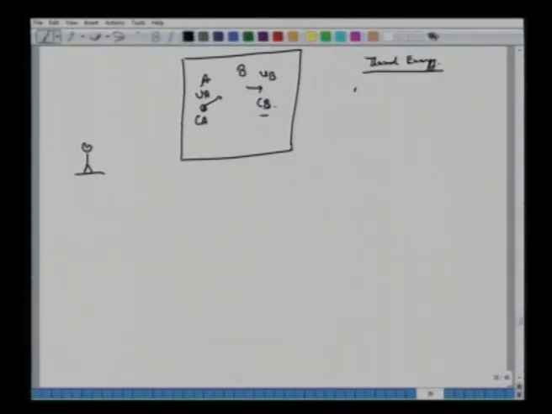In addition to this random motion, it's also possible that there is a pressure difference, and as a consequence this molecule can also move in some direction. So we are talking of a transport or flux of A, moles per second per meter square, having two components.